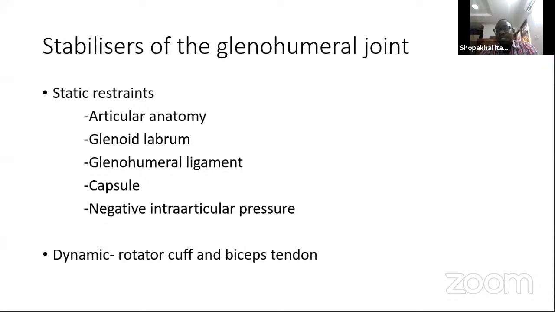So when we have large cuff tears, what essentially happens is that the humeral head migrates, and through a series of processes leads to what we refer to as a cuff arthropathy, and we'll have arthritis of the glenohumeral joint.